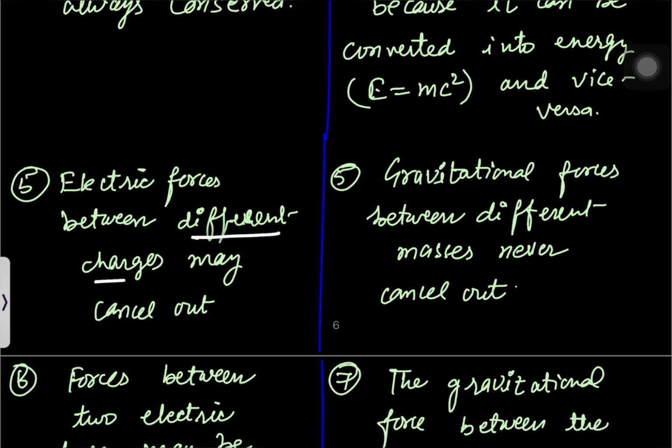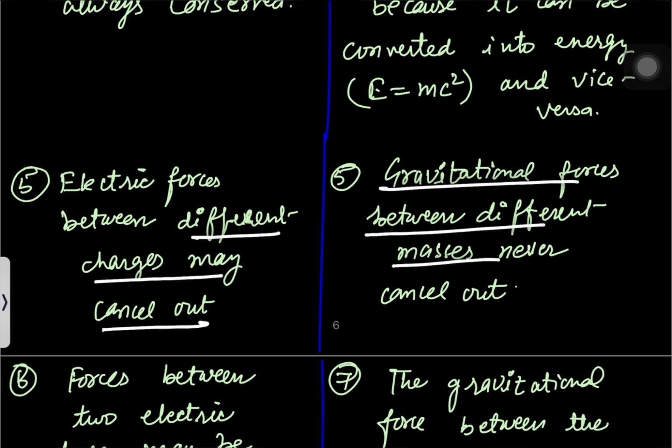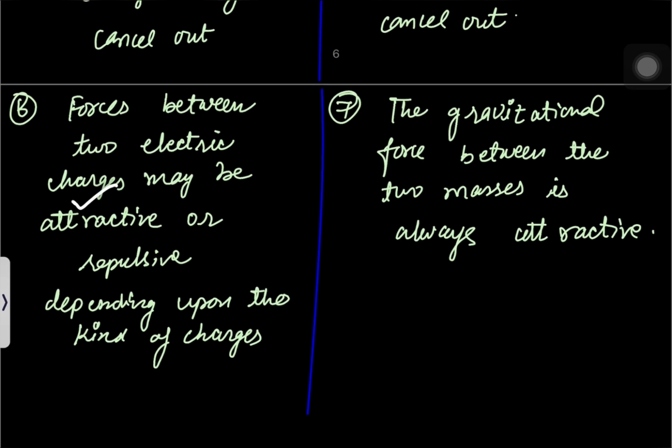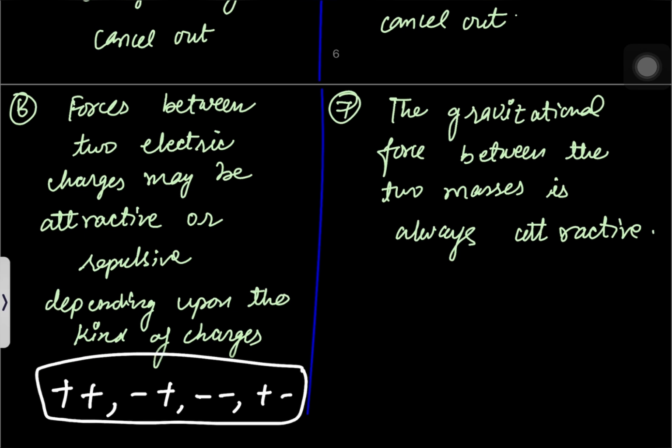Electric forces between different charges may cancel out, but gravitational force between different masses never gets cancelled out. If I talk about electric charges, the force may be attractive or repulsive, as we have seen earlier by taking the example of different kinds of charges: positive-positive, negative-negative, or positive-negative. We have seen the case of unlike and like charges, force of attraction and force of repulsion.